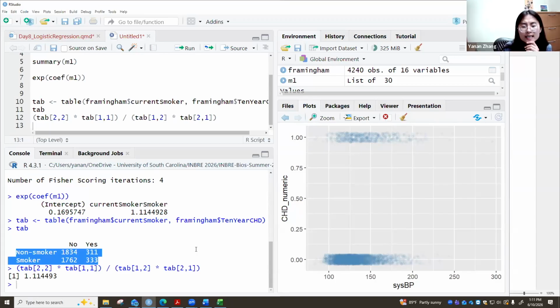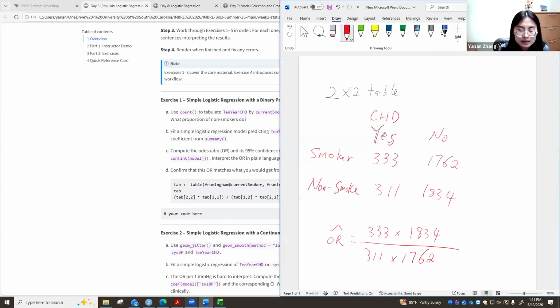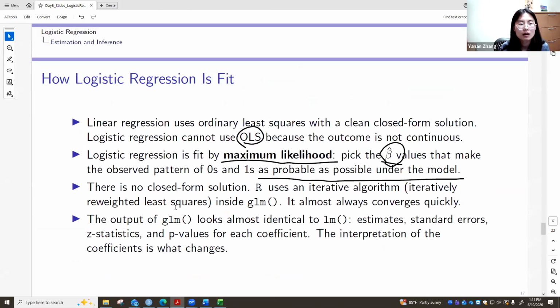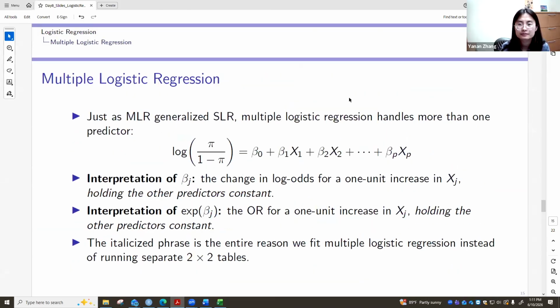And another thing is for the logistic regression, we can add more than one predictor in our model, right? We can study multiple predictors at the same time. So that's what we call multiple logistic regression.